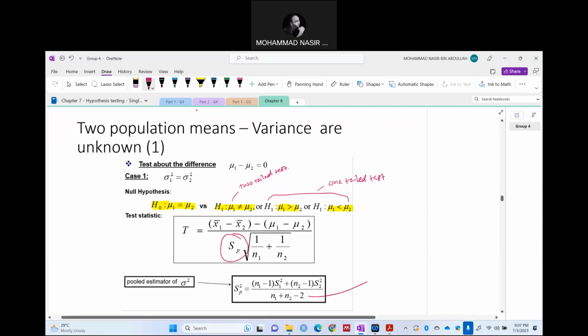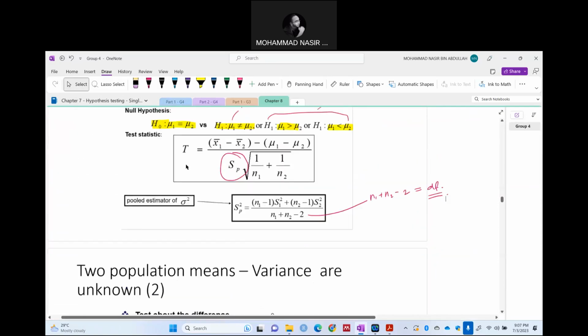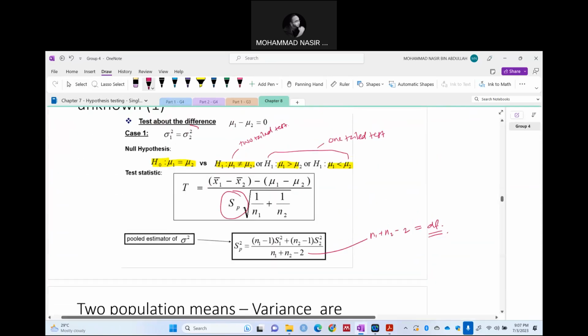And n1 plus n2 minus 2 is the degrees of freedom for the t-test. Okay, so this is case number 1 where the population variance is assumed equal.